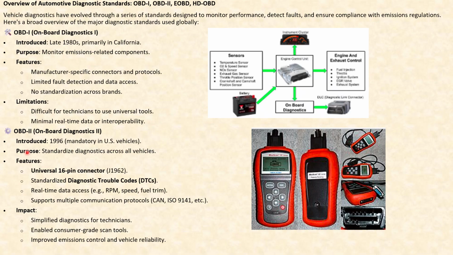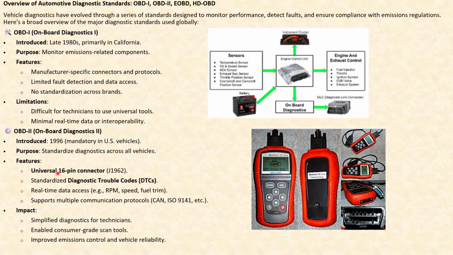Now when it comes to OBD-II, Onboard Diagnostics 2, it was introduced in 1996 and it is mandatory in US vehicles. Of course, now it is mandatory throughout the world. Almost every civilized country is mandating OBD-II in its vehicles. The purpose is standardized diagnostics across vehicles, and the features include the universal 16-pin connector, the J1962.